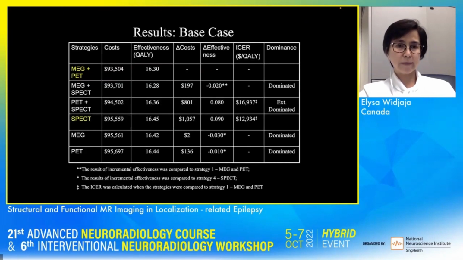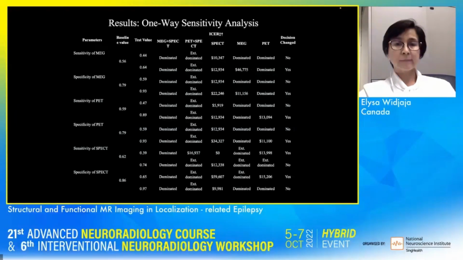We have found that in the base case, combined PET and MEG and the SPECT alone strategies were the cost-effective strategies. One-way sensitivity analysis showed that the model's decision was sensitive to variation in the sensitivity and specificity of the test strategies.